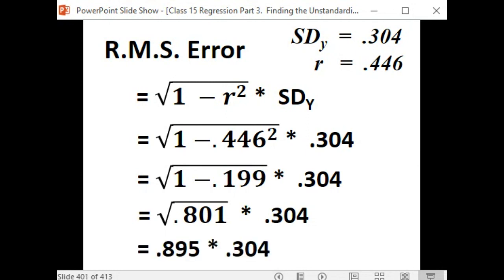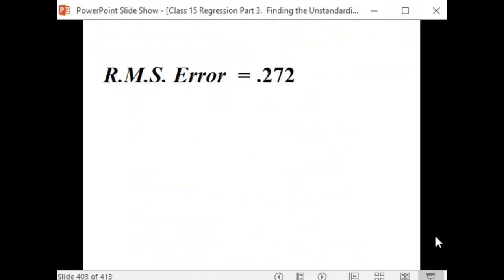The square root of 0.801 is 0.895, so we substitute that. And finally, 0.895 times 0.304 equals 0.272. So, using the short method, we've just found the root mean squared error is 0.272.